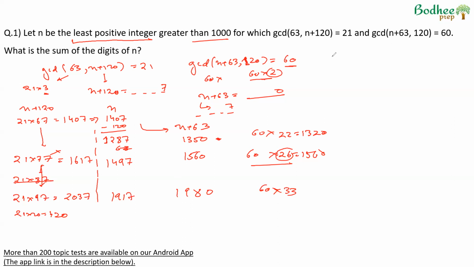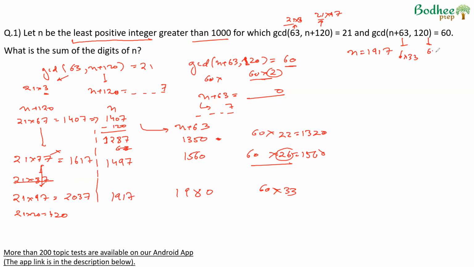And therefore we can say if n is equal to 1917, 63 is 21 into 3. At n equal to 1917, n plus 120 becomes 21 into 97. Clearly the HCF or GCD will be 21. At n equal to 1917, n plus 63 is 1980, which is 6 into 33.